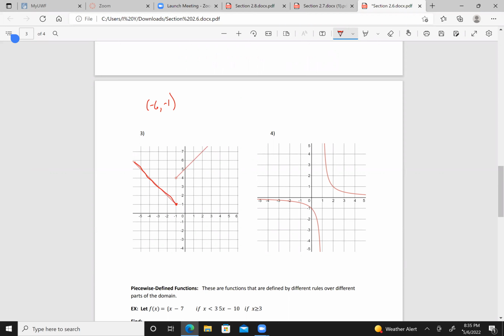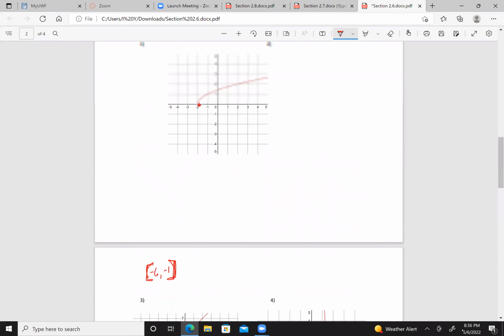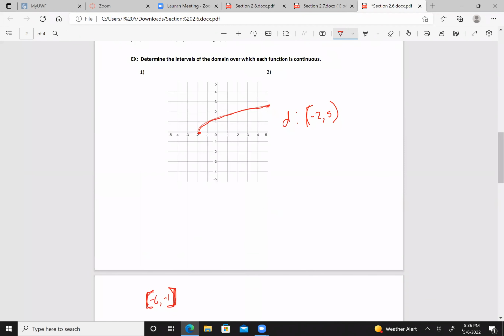And I guess in reality, I might want to point out that for the closed circle, we may want to go ahead and use the brackets because it includes those points.